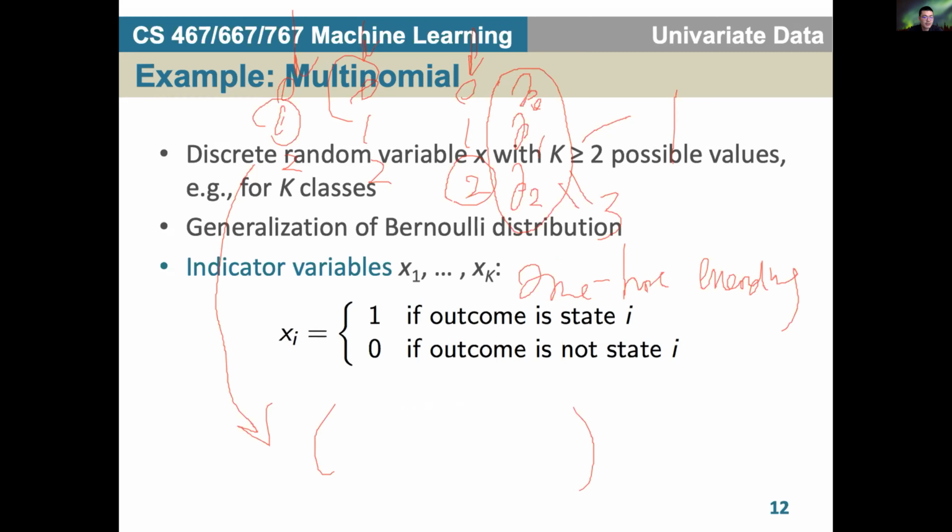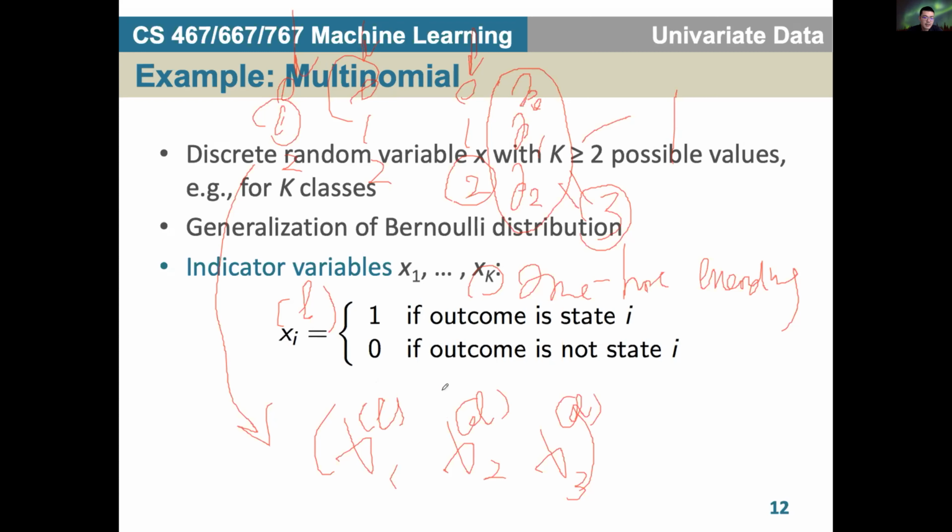By the way, this is for the i-th data item. We will ignore the index for a particular data item. Because k equals 3, we'll have x1, x2, x3. These x are indicator variables, don't mix them with the input.